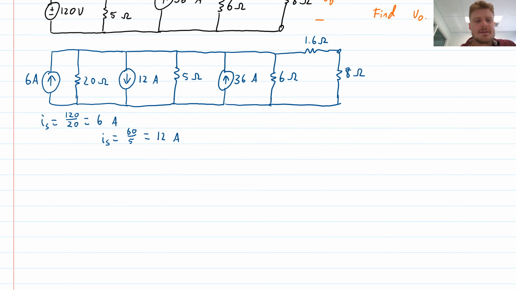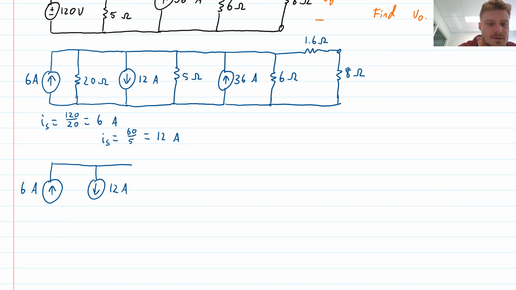Now I can look at this circuit and simplify it a little bit. I'm going to redraw it with all of the current sources together. This is a valid transformation to make because, remember, it's the connectivity between nodes that really defines a circuit. In my earlier video where I redrew a circuit layout, you could follow the same kind of procedure here. Just identify the nodes and the elements connected to those nodes, and you'd be able to see that redrawing it like this is a valid way to express the exact same circuit.